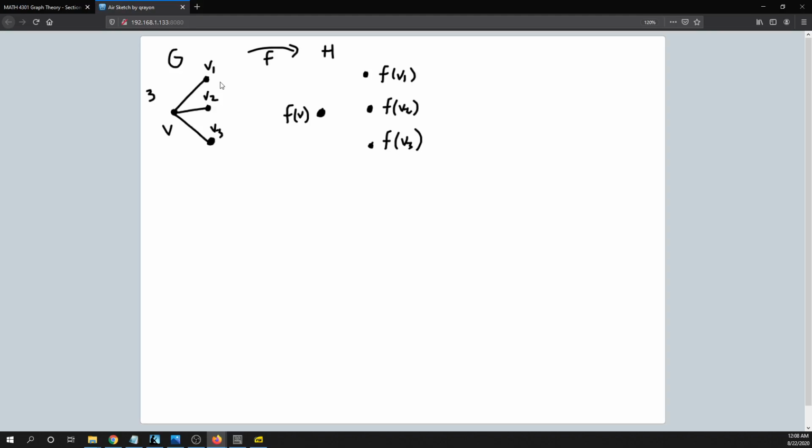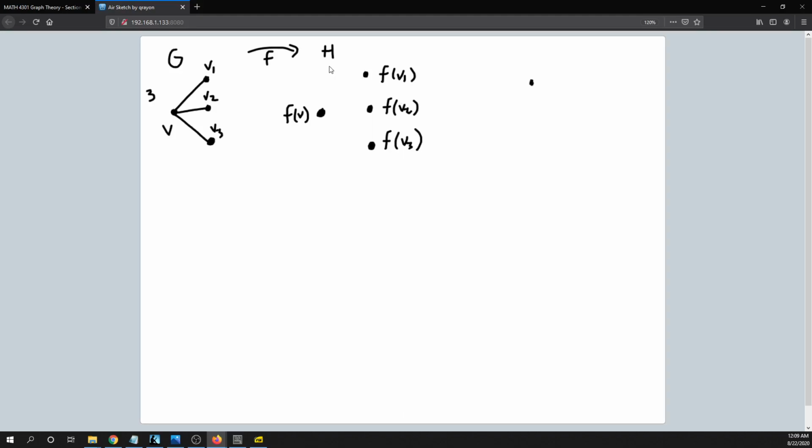So you may say, well, how do I know that all of these vertices, V, V1, V2, and V3, get sent to different vertices of H over here? Maybe V1 and V2 get sent to the same vertex over here. Okay, and that can't happen, right? Because F is a bijection between those two.